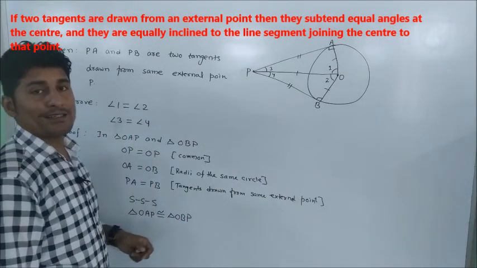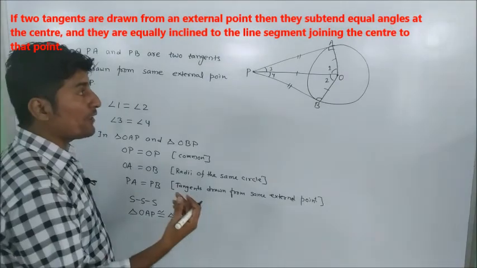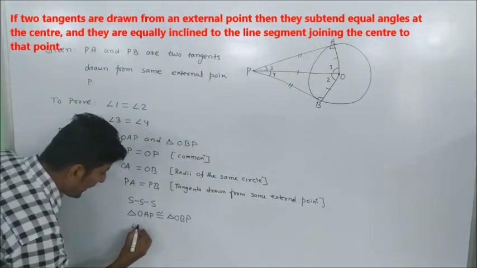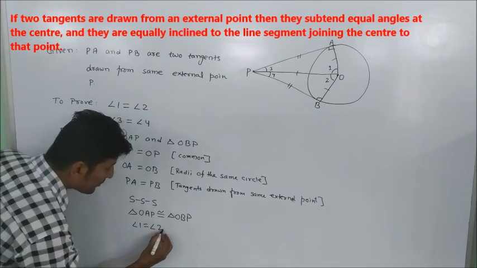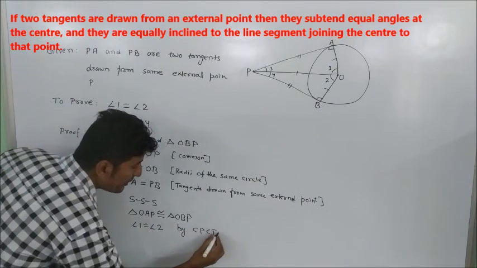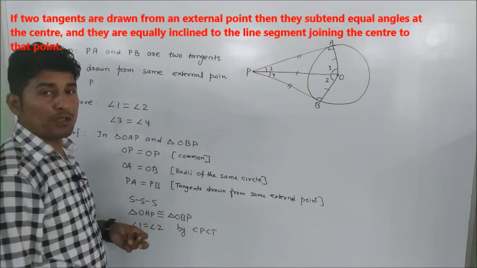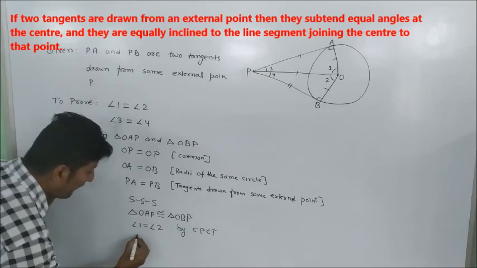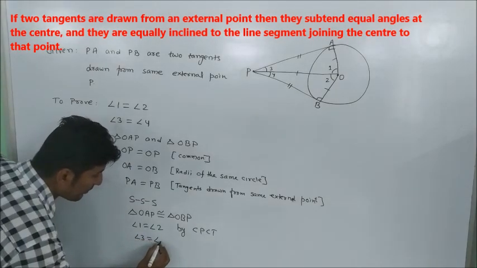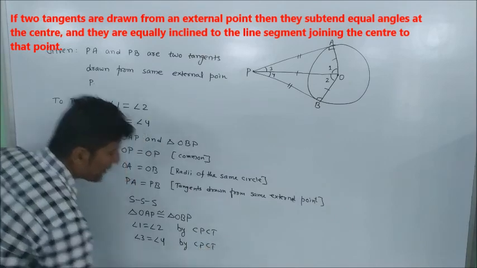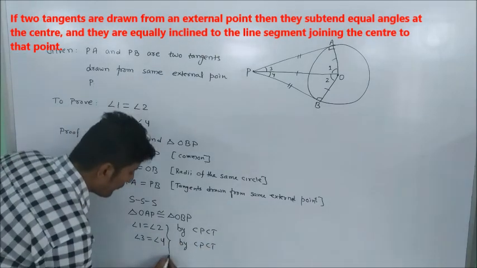Since both the triangles are congruent, hence after congruency we can say that angle 1 equals angle 2 by CPCT, corresponding parts of congruent triangles. Now the second one, angle 3 equals angle 4, again by CPCT. So these two are proved.